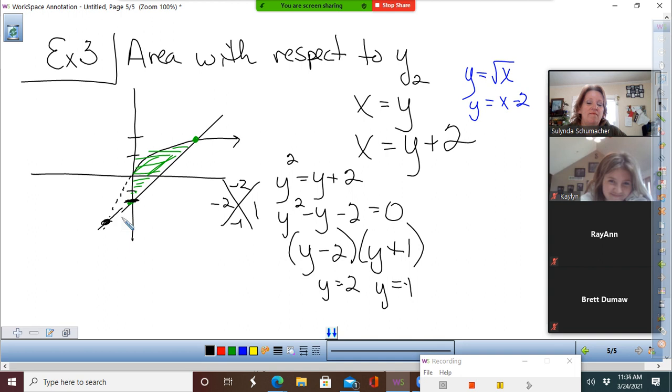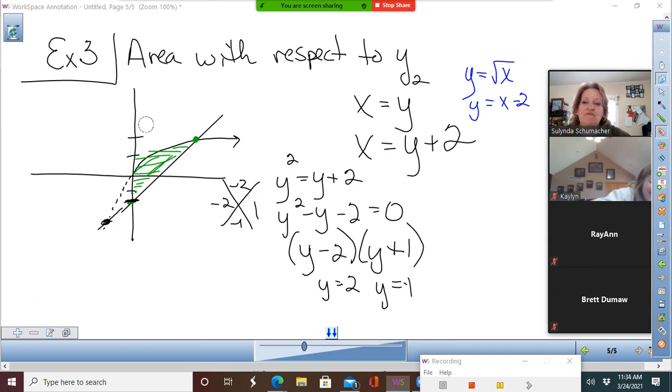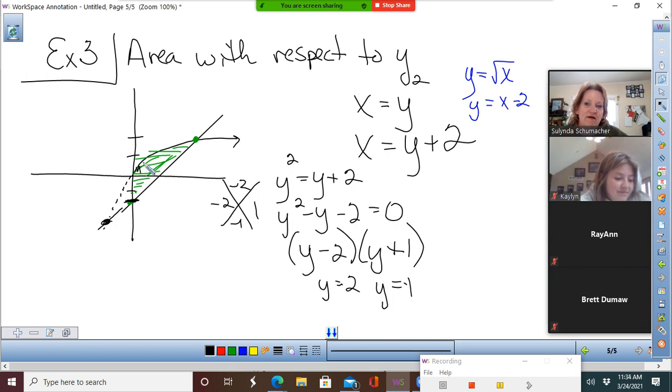All right, so on this one, let's just do the area. Instead of doing the area from here to here, why don't we just do this area? So it's blocked by the x-axis, and so it's just this little piece right here. So we're going to go from where y equals 0 to where y equals 2.